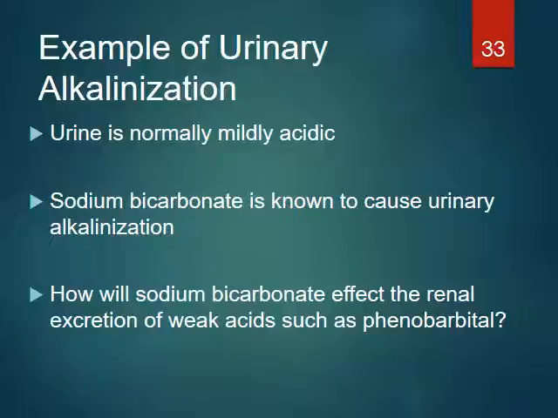That means it's going to have a harder time being reabsorbed through the renal tubules, because it's less lipid soluble, and thus an easier time being excreted within the urine. In fact, this is a good way to help increase the elimination of drugs like phenobarbital for patients who have, say, overdosed on phenobarbital. You increase the elimination of the drug in order to get the patient down to a therapeutic level more quickly.